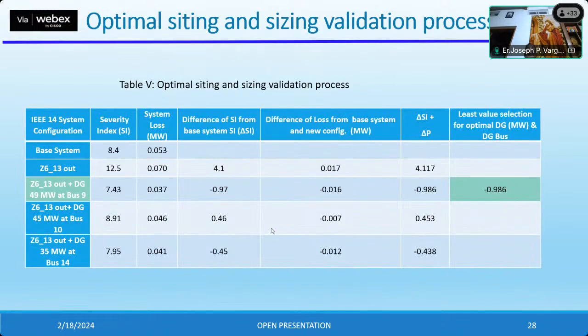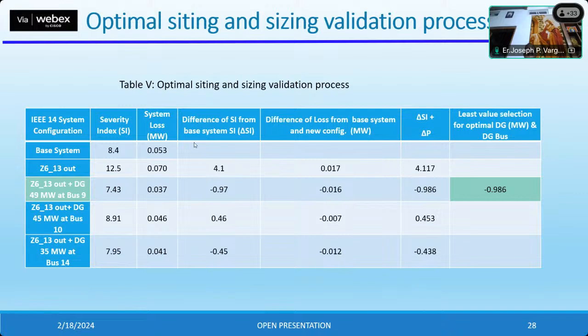Optimal siting and sizing validation process. We have conducted the case where line number 613 is in outage condition, and a 49 megawatt DG is placed at bus 9, and the severity index has become 7.43. System loss is 0.37.